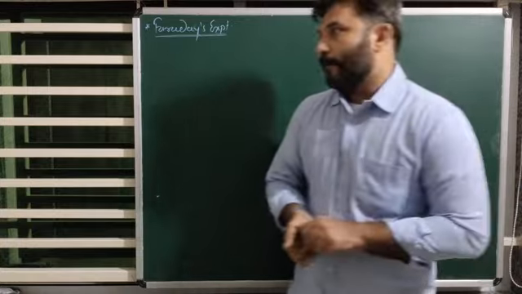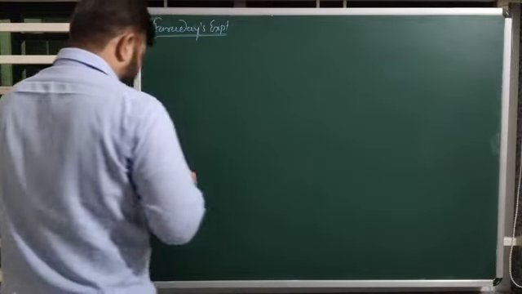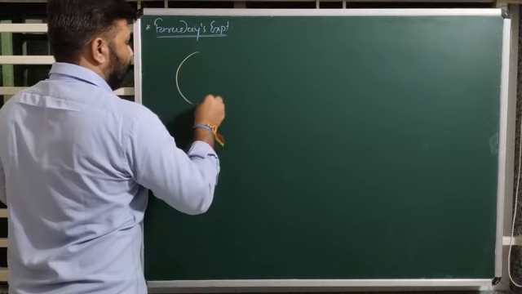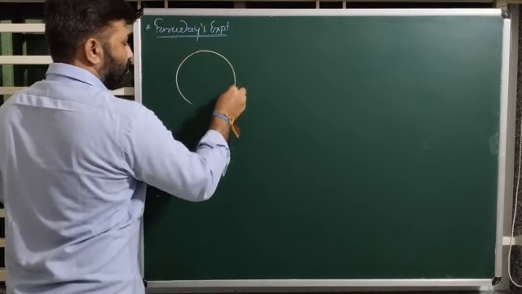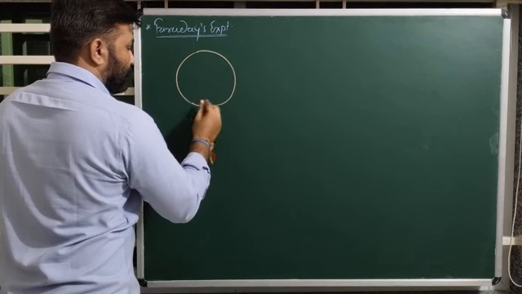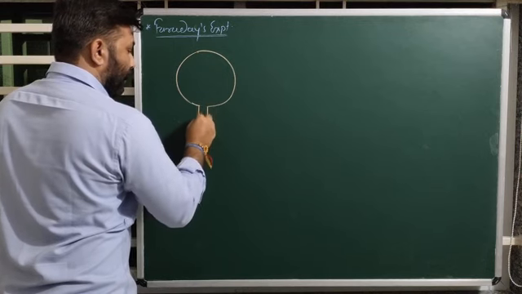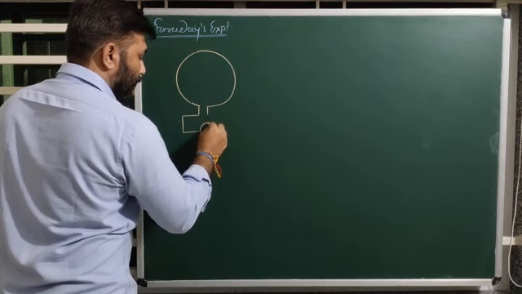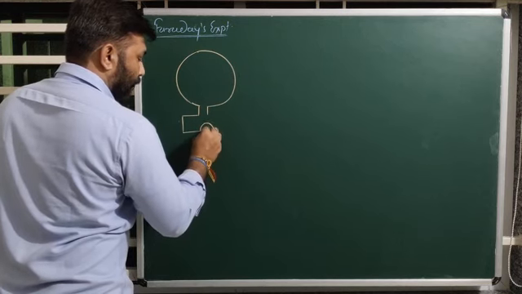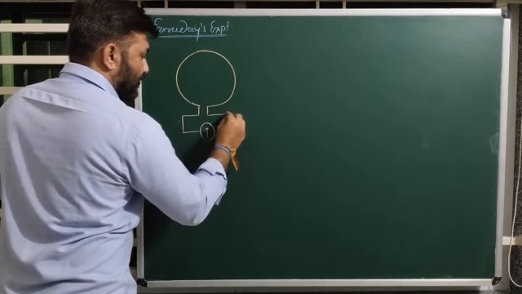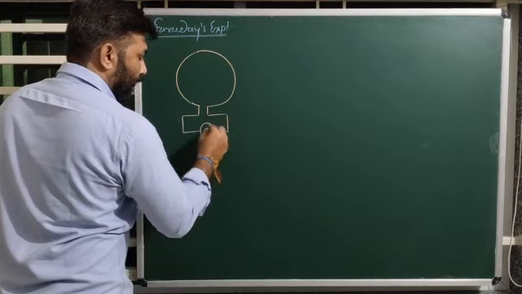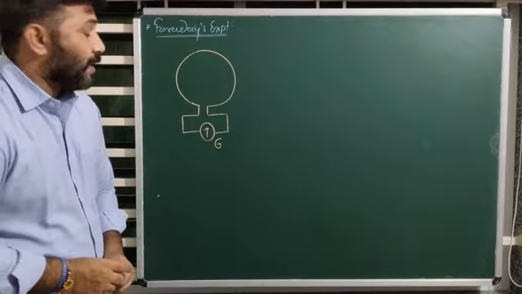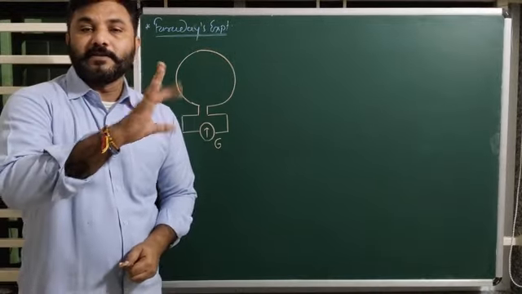See, we have to take a coil which is made up of soft iron. This coil is connected with a galvanometer. Initially, the galvanometer shows zero deflection. It means the electric current passing through the coil is zero.